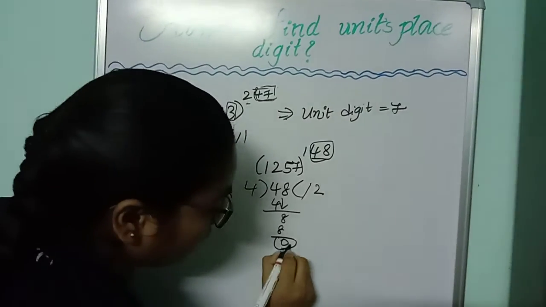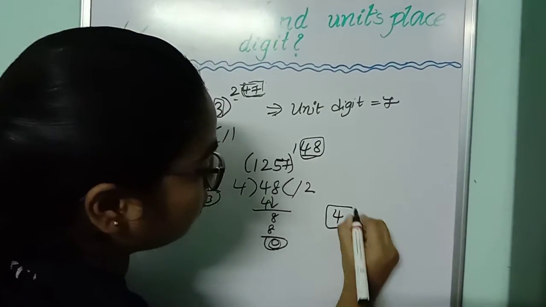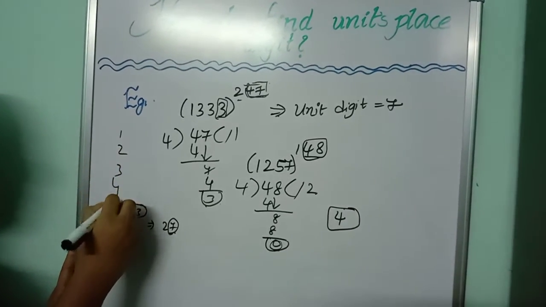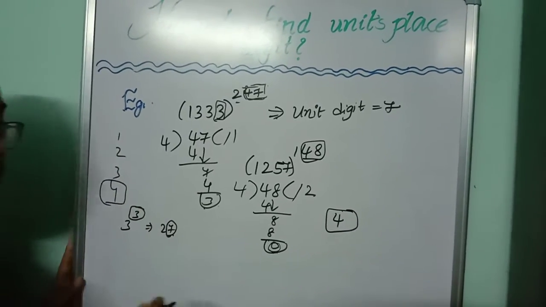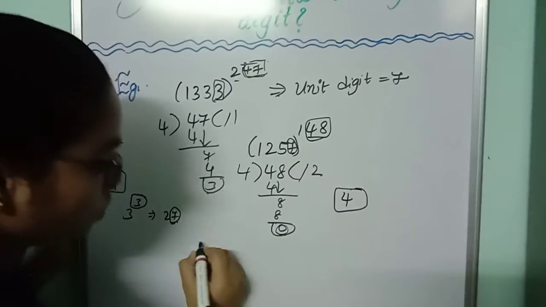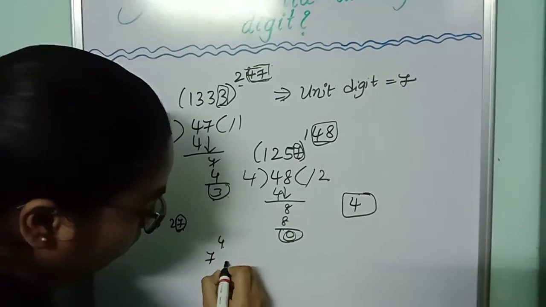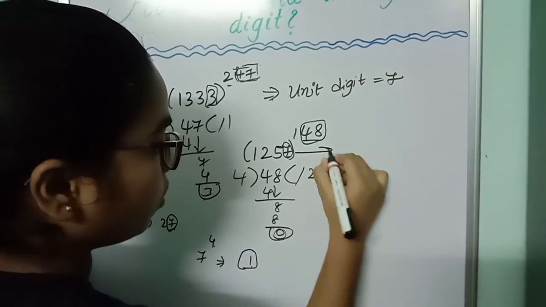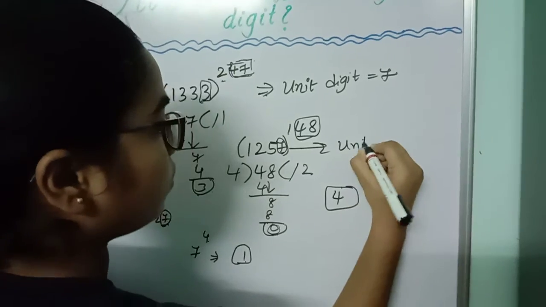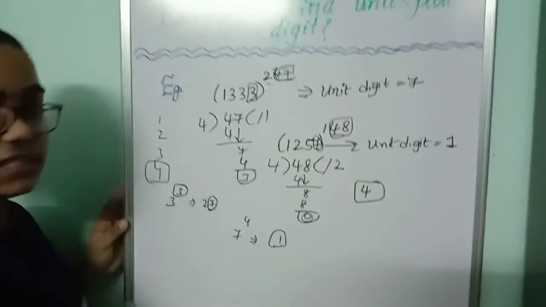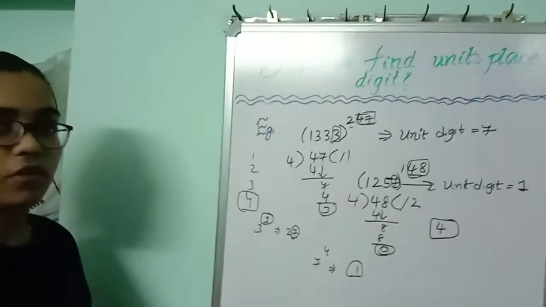If it is 0, then we have to take the power as 4. Here the last digit is 7, so 7 power 4, then the last digit becomes 1. So obviously for this number also the unit digit becomes 1. So these are the 3 types and examples of all 3 types.